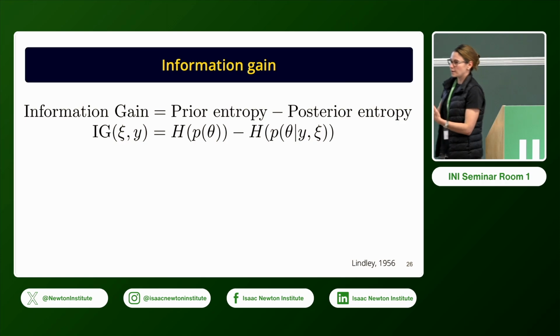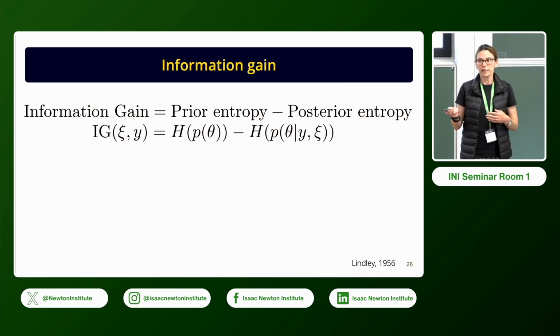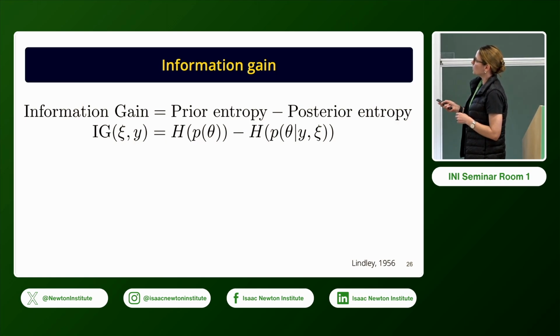The metric that we use to quantify this reduction in uncertainty is the information gain, right? So the information gain is defined as the entropy of our prior, from which we subtract the entropy of our posterior, and we end up with this information gain metric.